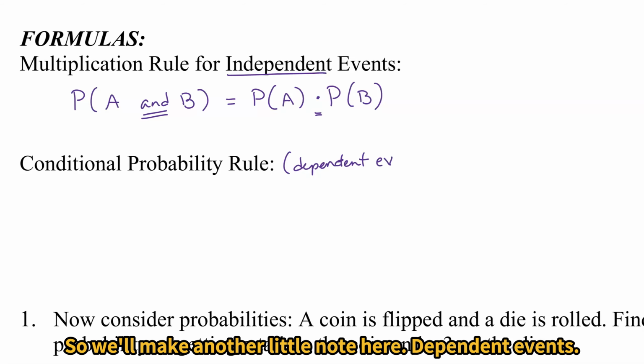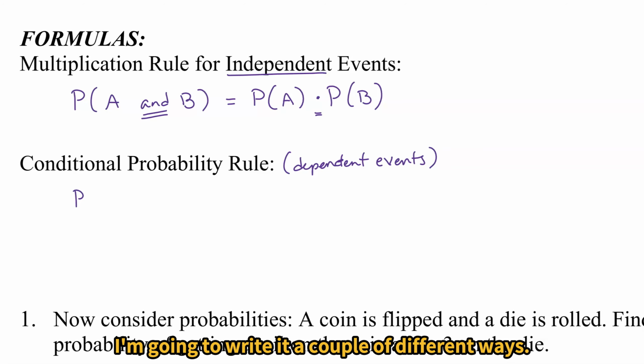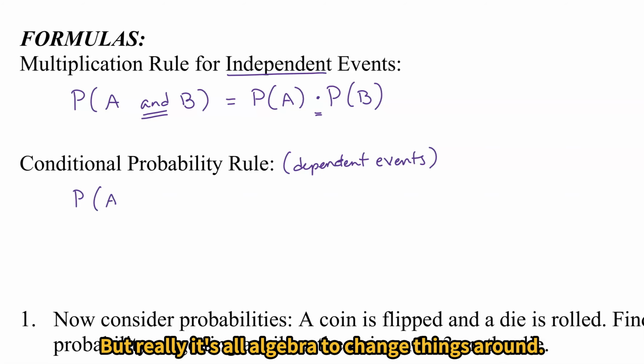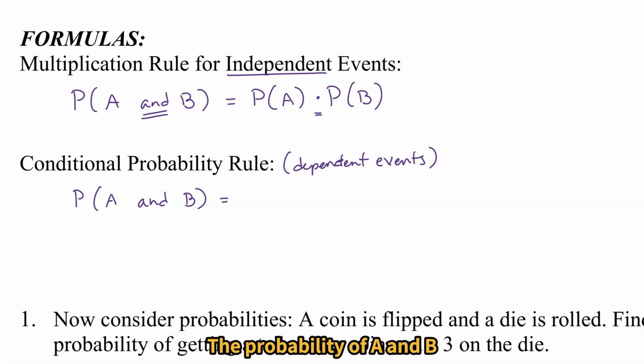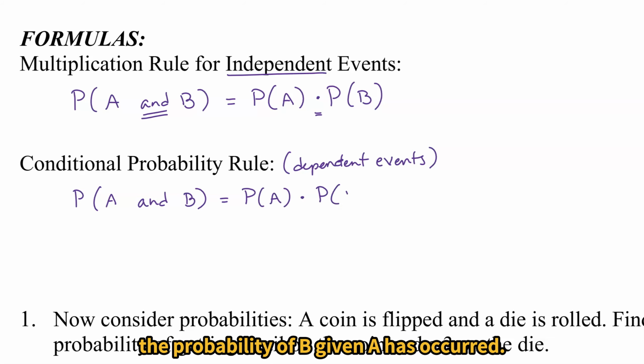For conditional probability, this is for dependent events. So we'll make another little note here. Dependent events, we have to use a different formula. And for this formula, I'm going to write it a couple of different ways, but really it's all algebra to change things around. The probability of A and B occurring is the probability of A times the probability of B given A has occurred.